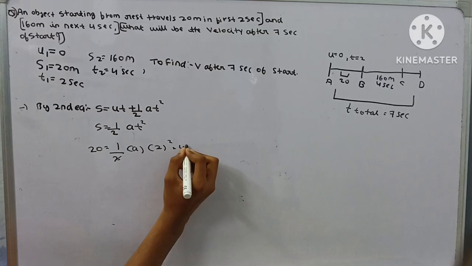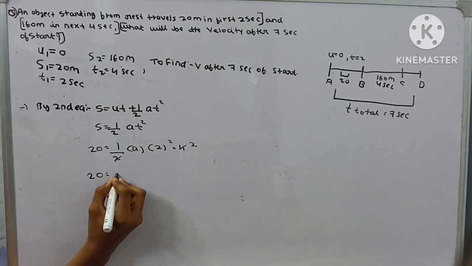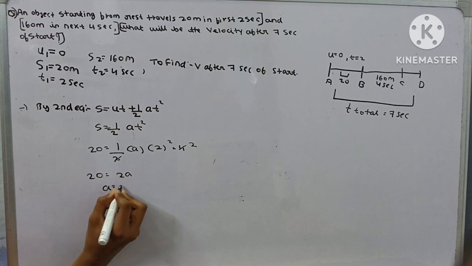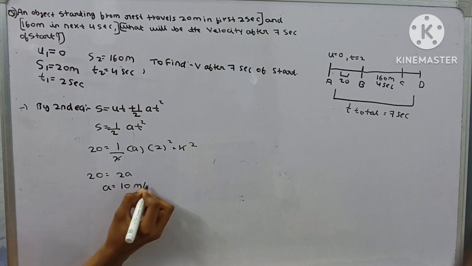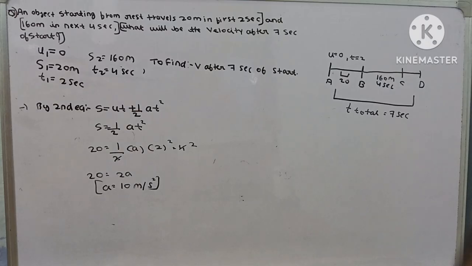Now 2 cancels with 4, giving 2. Now 20 equals 2a, and the acceleration is 10 meter per second square. Now we have found the acceleration a1 of this first case, which is 10 meter per second square.